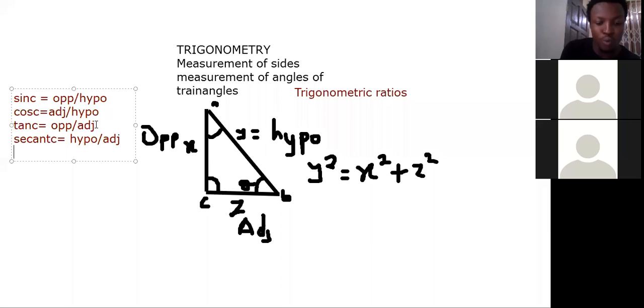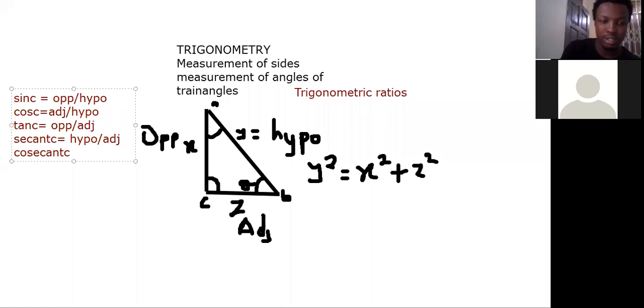Now from there we also have cosecant, or cosec, which is given by hypotenuse all over opposite sides. So this one is given by hypo all over adjacent. Sorry, all over opposite.